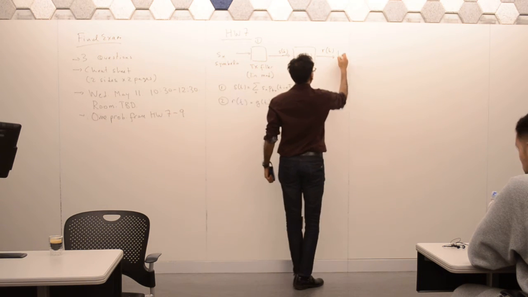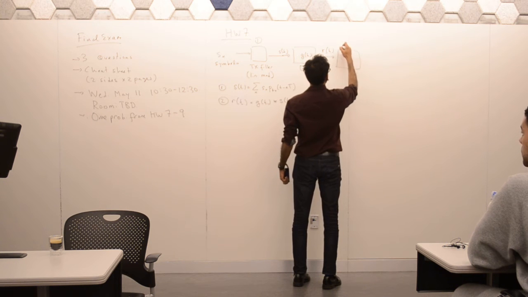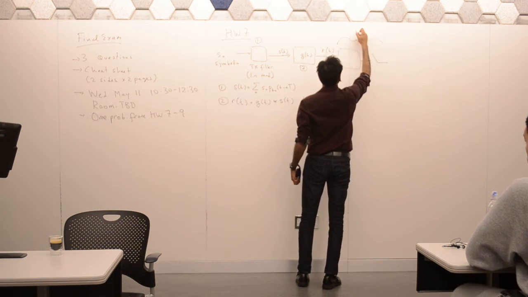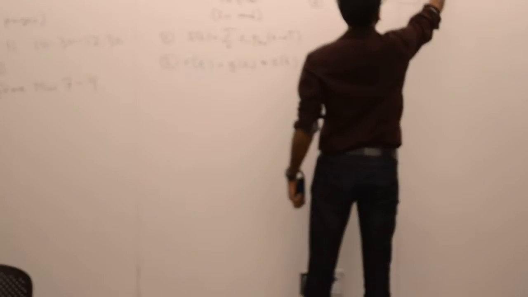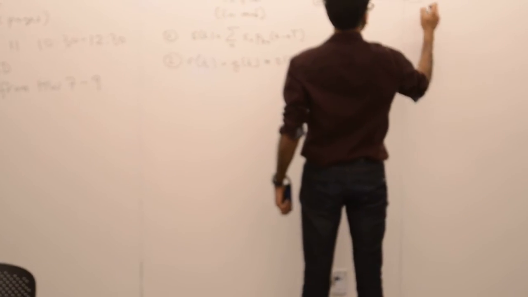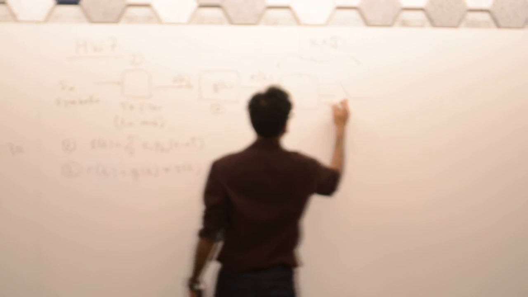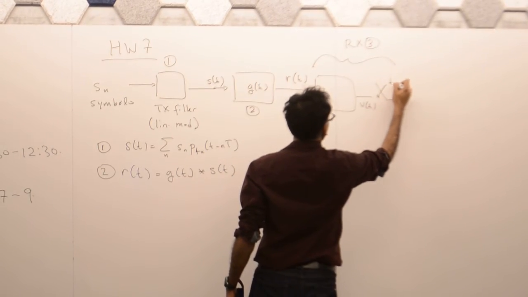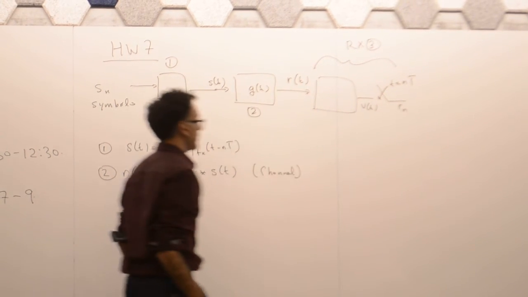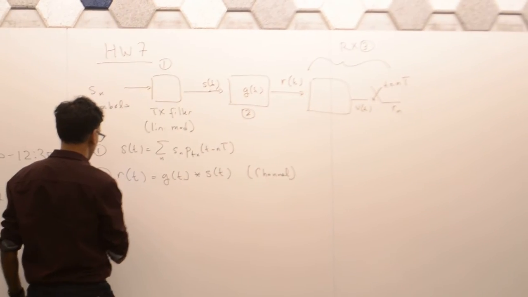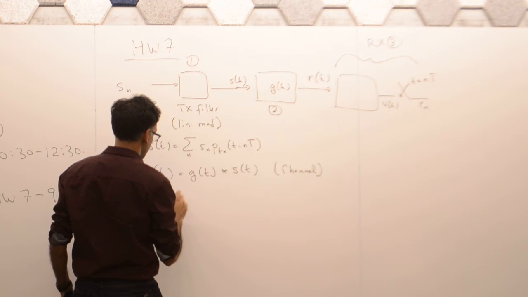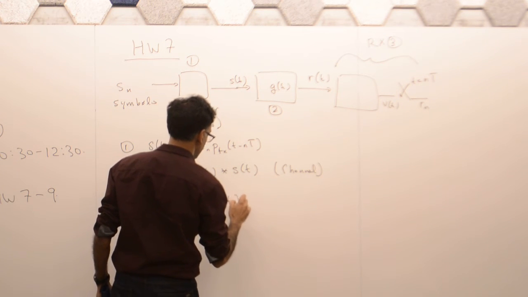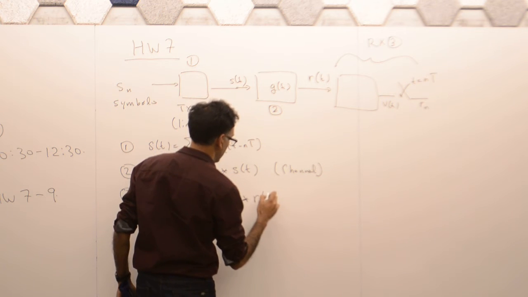And then we have the receiver, which is really 2 parts. What happens in the receiver is that there's a receive filter part, which takes this and multiplies by PRX of t, convolved with the receive channel.